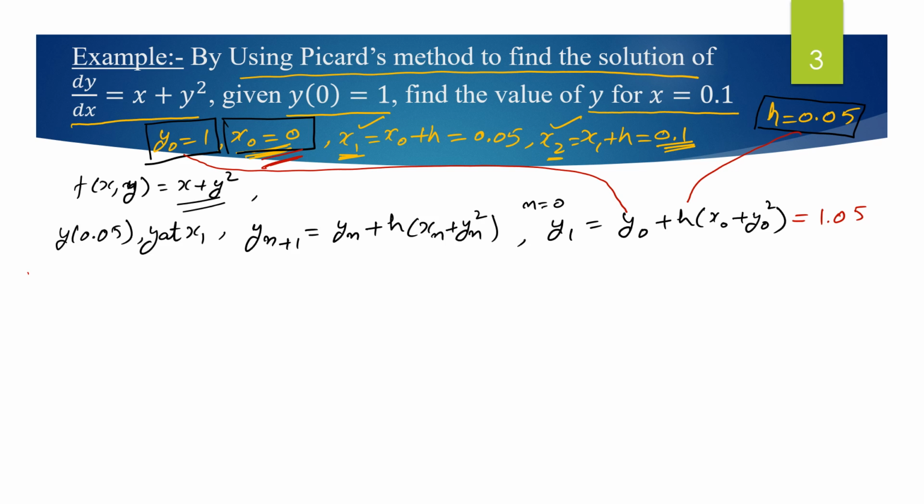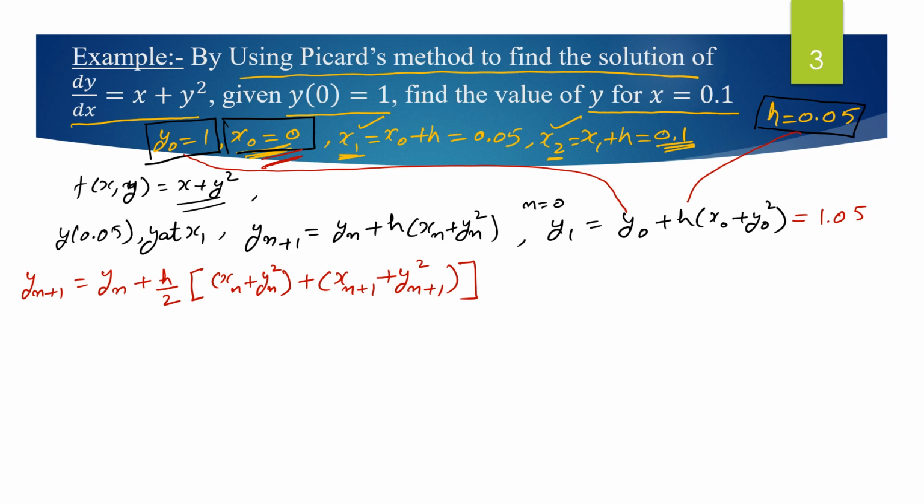Now we will go for yn+1. This is the formula for the modified form: yn+1 = yn + h/2 [f(xn, yn) + f(xn+1, yn+1)], where the function is xn + yn square plus xn+1 + yn+1 square.